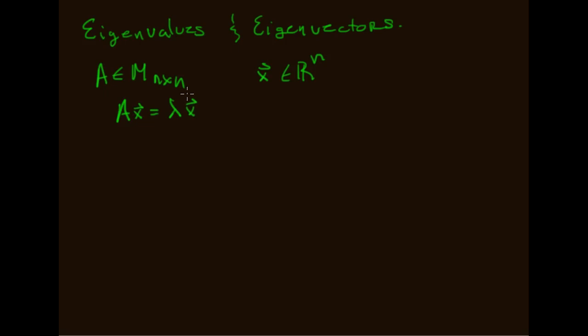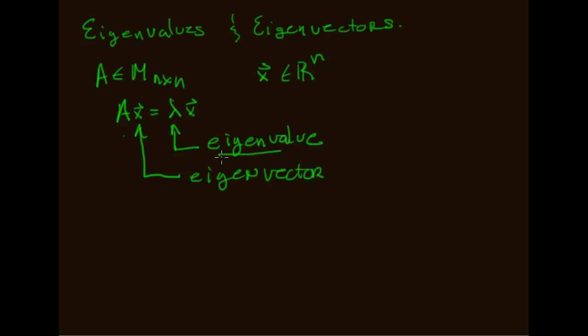Now, if I can do that, then we call this scalar an eigenvalue, and we call the x here an eigenvector.